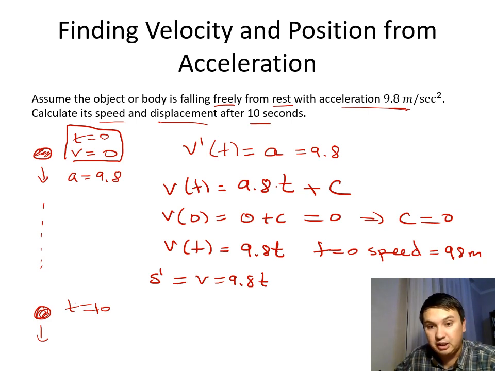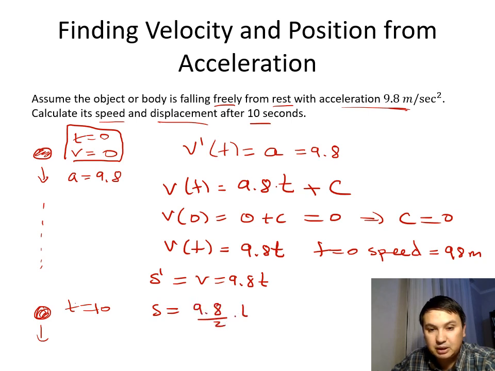But there is the 2, so maybe a good candidate is 9.8 divided by 2 times t squared, because if you take a derivative, you get 9.8t. But again, we don't know this, so we have to add another constant, something different. Let's call this C1.